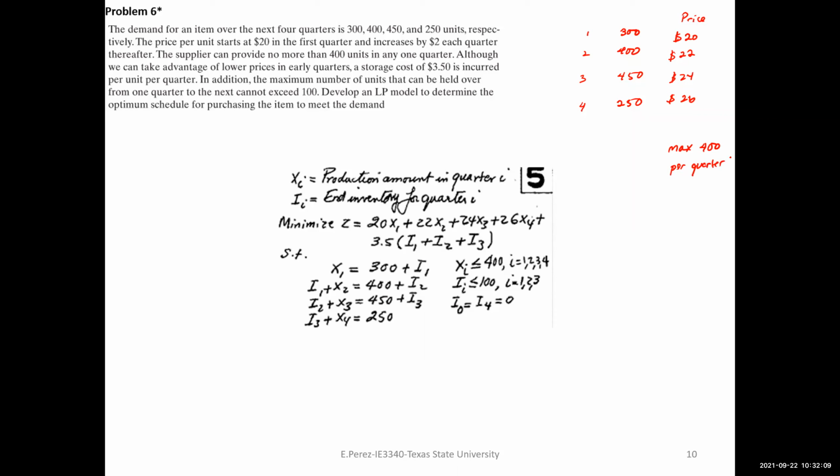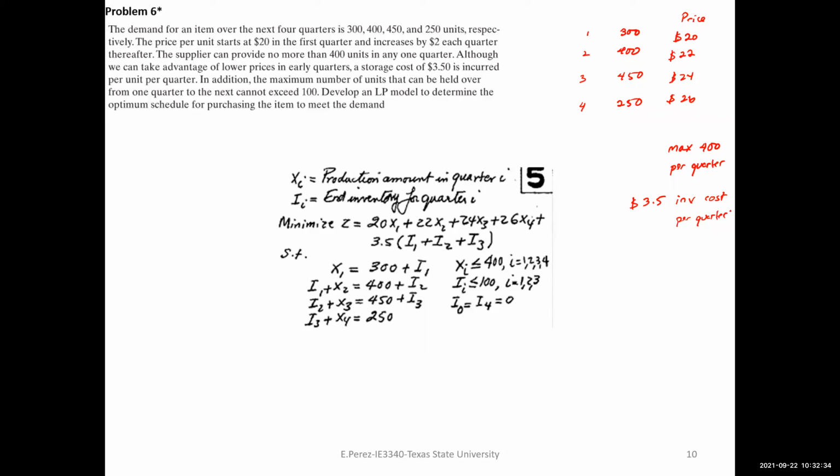And although we can take advantage of lower prices in earlier quarters, the storage cost of 3.5 or 350 is incurred per unit per quarter. So inventory cost per quarter.